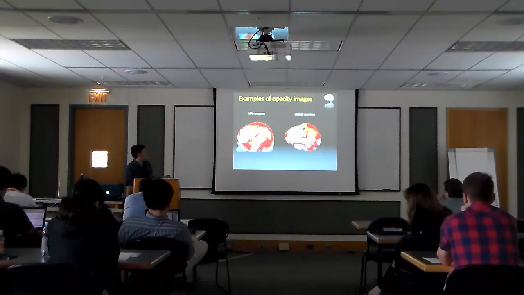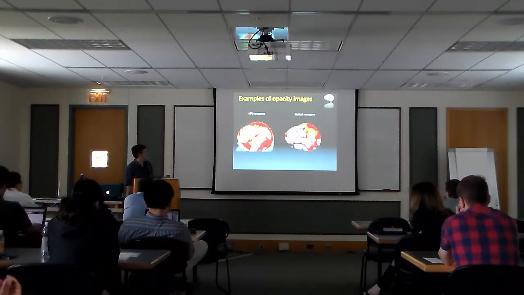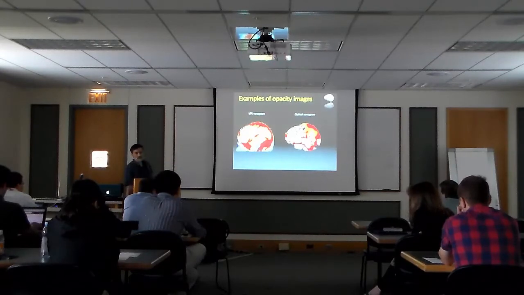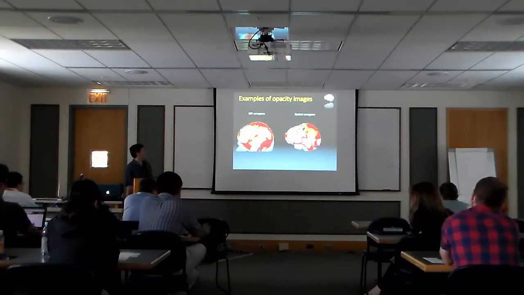This map is thresholded, so in other areas we don't show what their opacity is. This is just a way of thresholding the image. And if you compare this image with a venogram obtained with MR of the superficial veins in the head, you'll find out that these two maps look pretty similar to each other. So in fact, this opacity measure really is sensitive to the presence of veins under the particular measurement instrument.